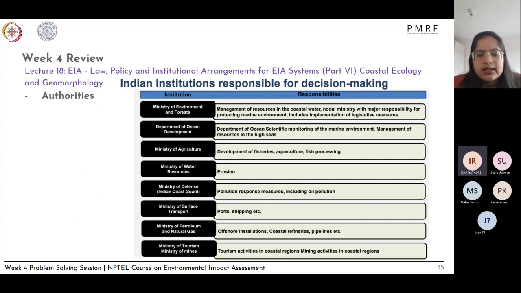And then we have the Ministry of Tourism and Ministry of Mines, which look at tourism activities and mining activities in the coastal areas. So these are the few Indian institutions which are responsible for maintaining the coastal ecology.